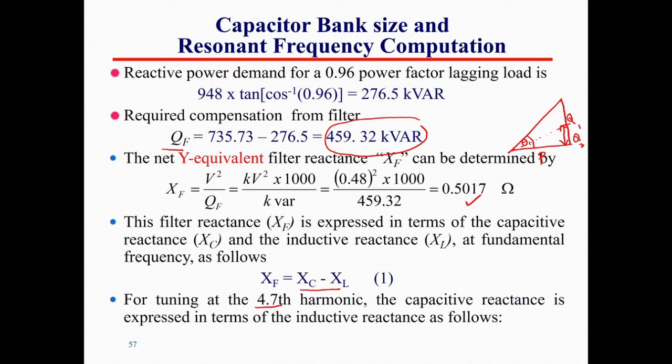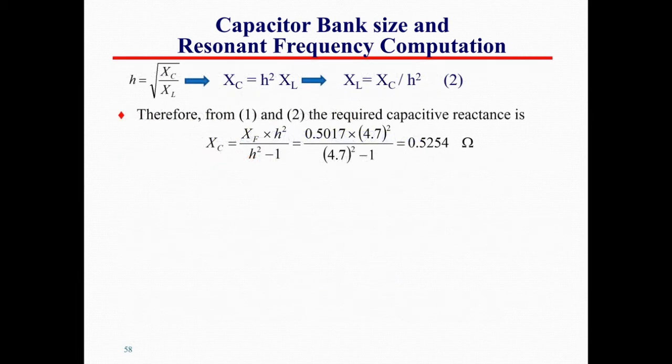Okay, so then now we can calculate what will be the value of the capacitive reactance. Okay, so we know the relationship between XC and XL as h, right? So if we are able to calculate XC, then we will be able to calculate XL, right?